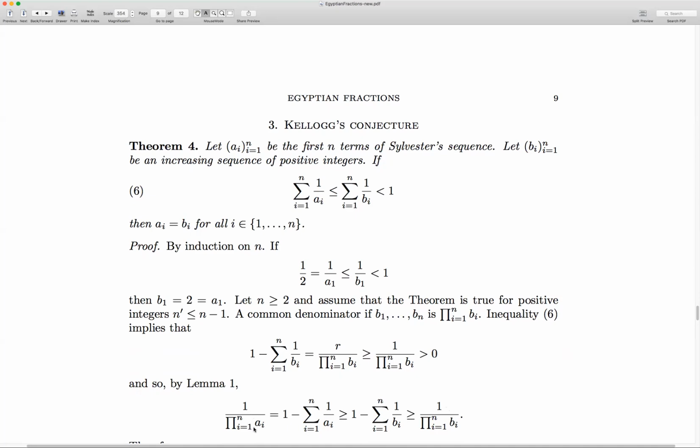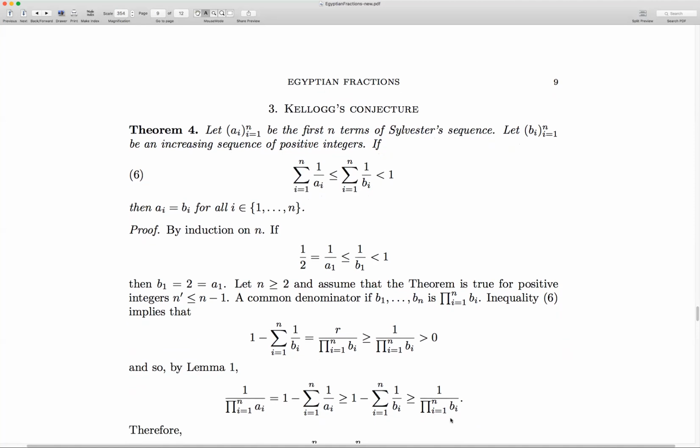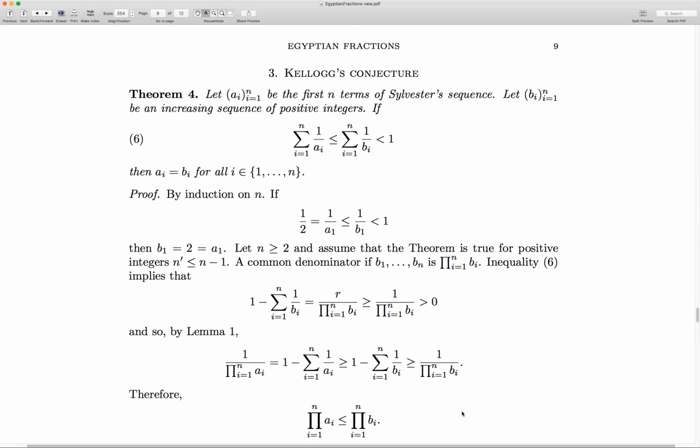So I have that this 1 over the product of the a's, which is 1 minus the sum of the reciprocals of the a's, is greater than or equal to 1 minus the sum of the reciprocals of the b's, that's this inequality, which is at least 1 over the product of the b's. So they teach you somewhere that if a fraction is smaller than another of this form, the denominator is bigger. So the product of the b's is bigger than the product of the a's.